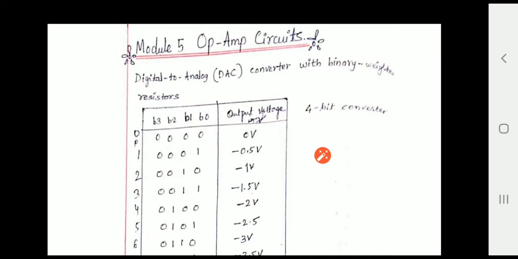So we will understand why we call them binary weighted resistors. For example, here B0 is at the 0th position, B1 is at the first position, B2 is at the second position and B3 is at the third position. It is a binary number, so the radix is 2.